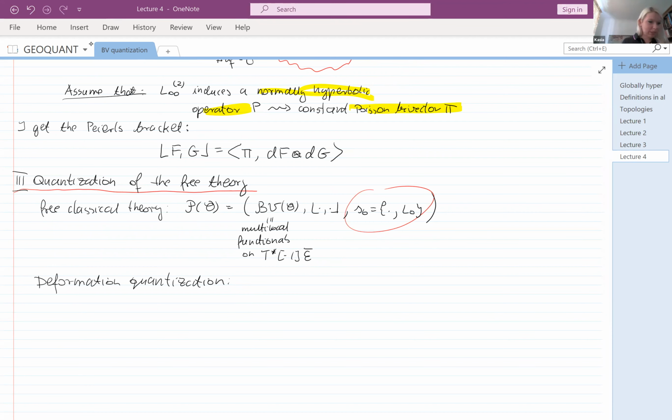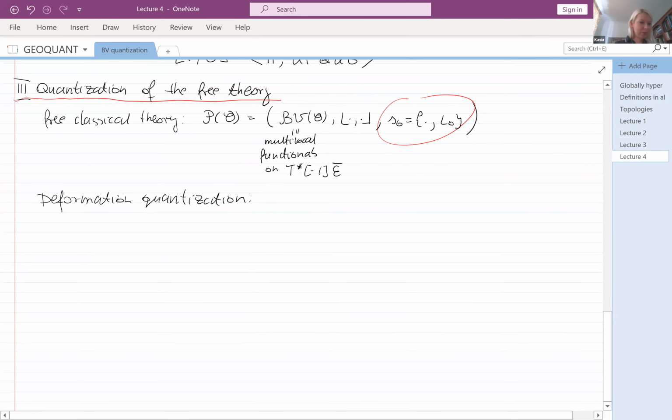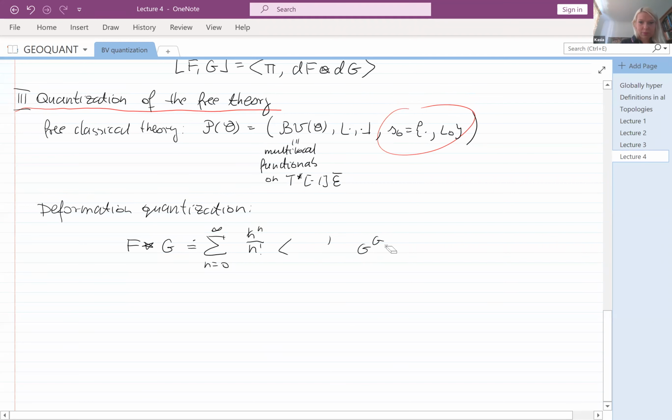So quantization of the free theory is relatively simple. I define a star product on my extended space of functionals, using this exponential formula that Stefan already showed you. There is a formal power series in h bar, and I take derivatives of F and G. Sorry, the other way around.